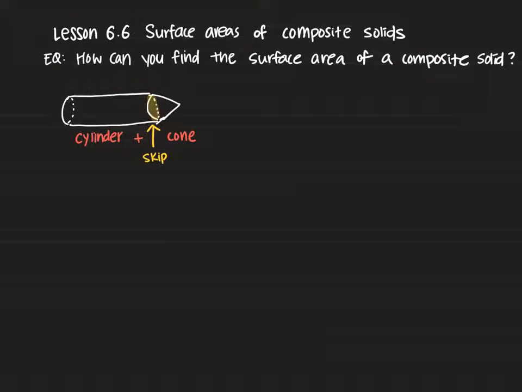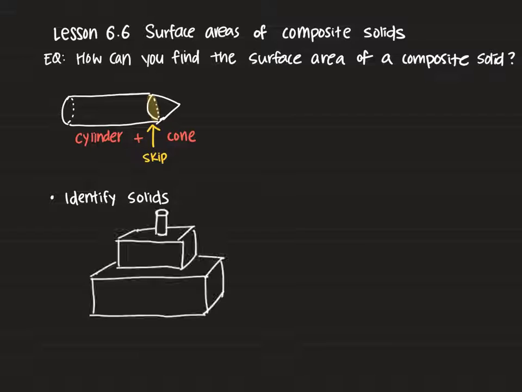The first part is that you have to identify the solids when you have a composite figure, so that you can find out which equations you can apply to find the surface area. When we have a shape like this, you're going to identify each part. For example, on the side, you have a rectangular prism.